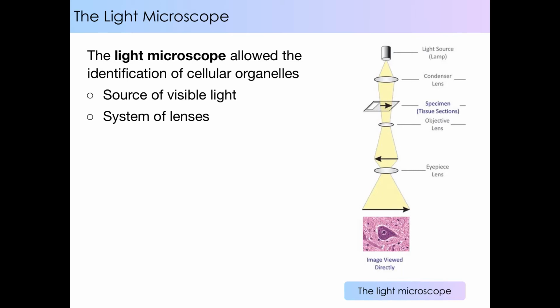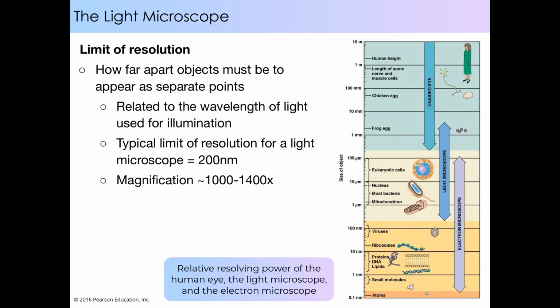This type of microscope consists of a series of lenses that enlarge the size of the specimen and a source of visible light. For a typical light microscope, the limit of resolution is 200 nanometers, and that allows for magnification of 1,000 to 1,400 times the size of the object that is being visualized.